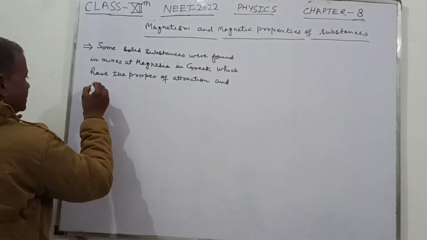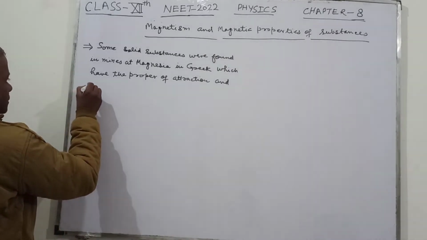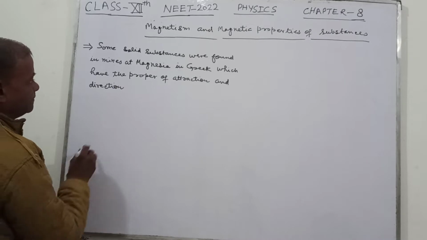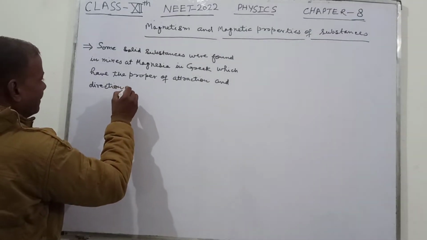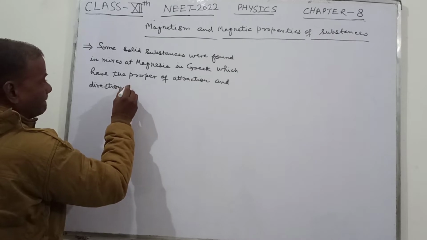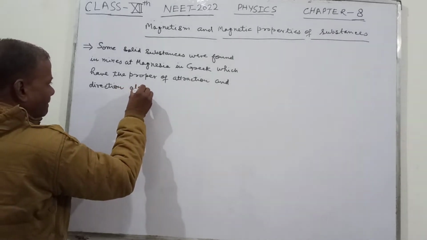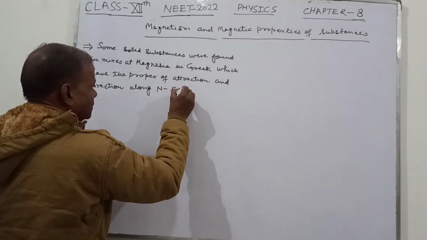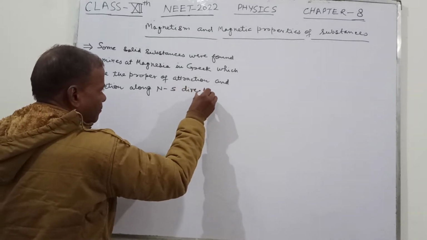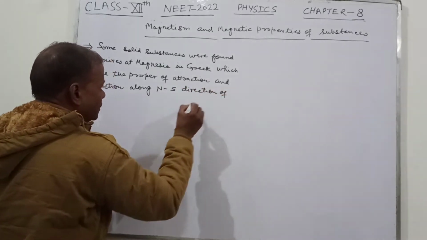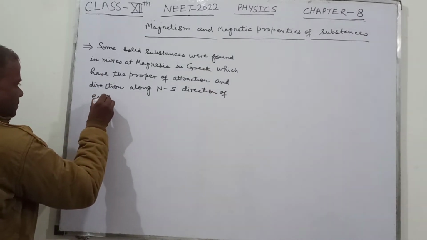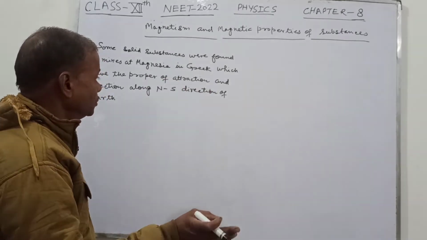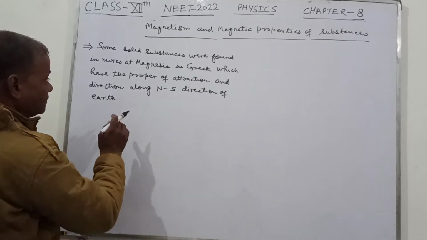Property of attraction and direction, along the NS direction of Earth. North-south, NS means north and south. So they align in the direction of NS.